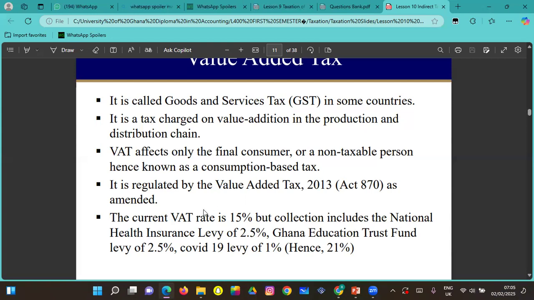This is because the 15% VAT rate was just amended on 1st January 2023, sorry, it was amended in 2023, and currently we are in February 2025. We have to look into that. All right.